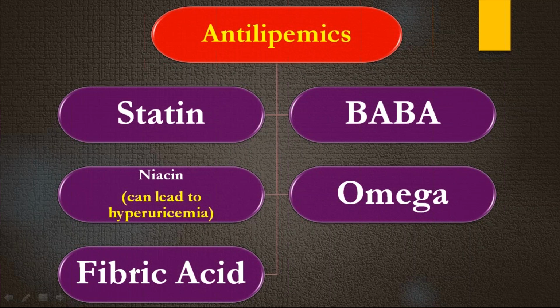Increase the HDL, decrease the LDL, triglycerides, and cholesterol. You already know what is the good cholesterol and the bad cholesterol, and the HMG-CoA reductase inhibitor, that is the statin, so please don't forget that, is going to decrease the formation of cholesterol. All right, so we got that.